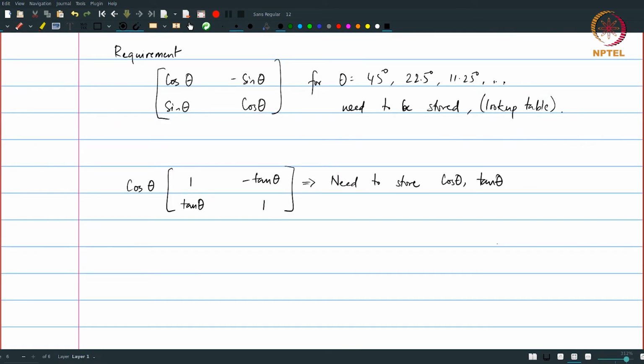Let's see if we can simplify this even further, and this is precisely where the intuition used in CORDIC to apply the idea of strength reduction comes into the picture. And what I mean by strength reduction in this case is, can we replace multiplication by tan theta with a simpler operation?